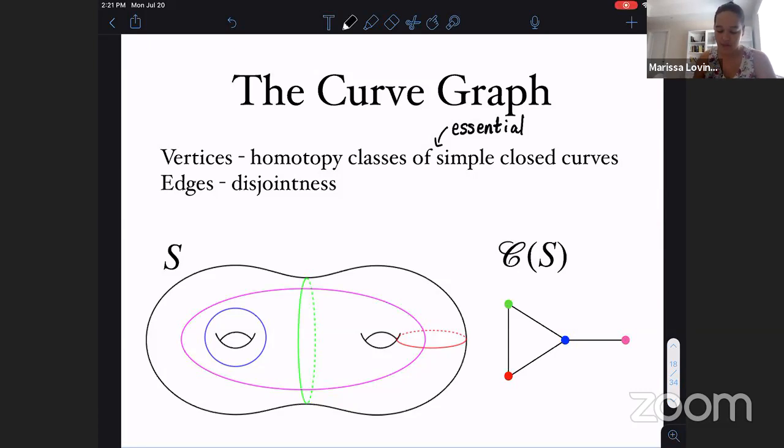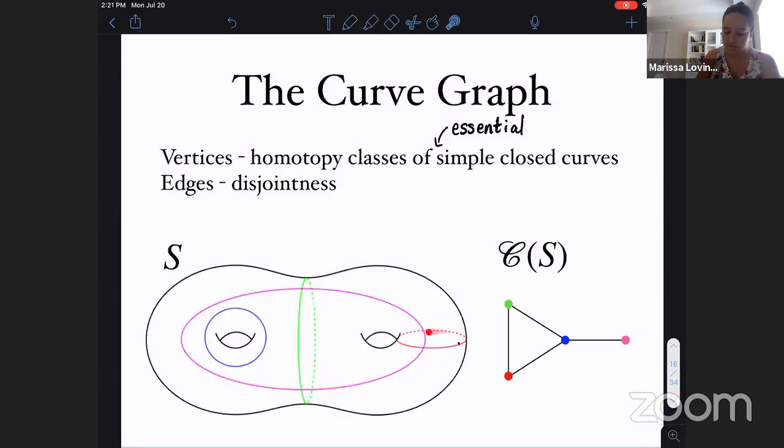Okay, so for example, I drew this picture. I have this collection of 4 curves, and these are all simple curves. They're all essential. So here I have my red curve. I'm going to use my highlighter. I'm going to connect my red curve to my blue curve, because on the surface they're realized disjointly, right?